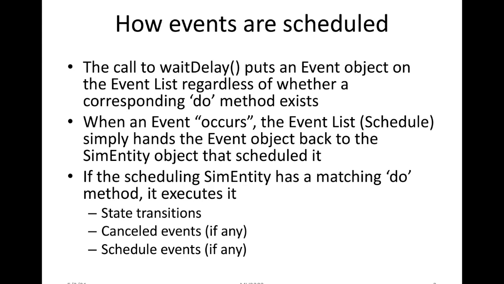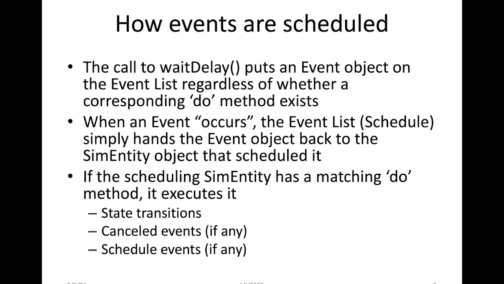Now, when it's listening to that part arrival process, it hears both the arrival events with no argument and the arrival event with an argument. The difference is when it hears the arrival event with no argument, it does nothing because it doesn't have an arrival event with no arguments. But when it hears the arrival event with the part argument, it does execute its arrival event with the part argument because that's the match.